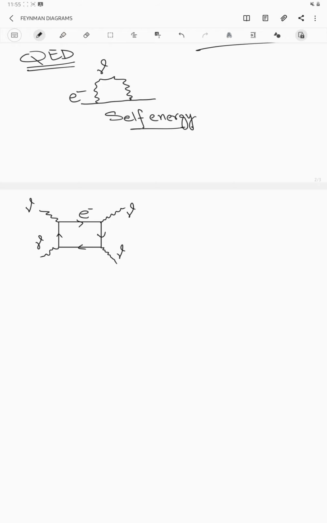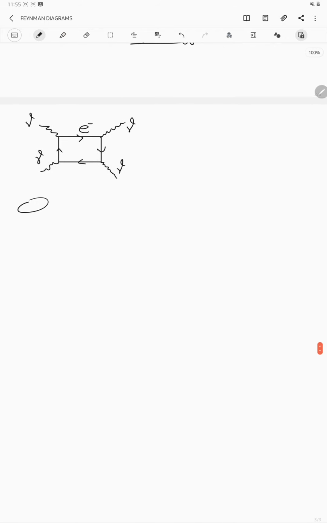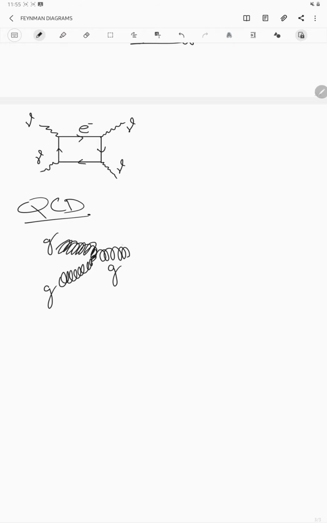Now let's talk about another one very quickly, QCD, which is quantum chromodynamics. In quantum chromodynamics, you could have a diagram which looks a bit funny, something like this, where these curly lines are gluons. We have one gluon here, another one here, and another one here, and we have quarks like this.